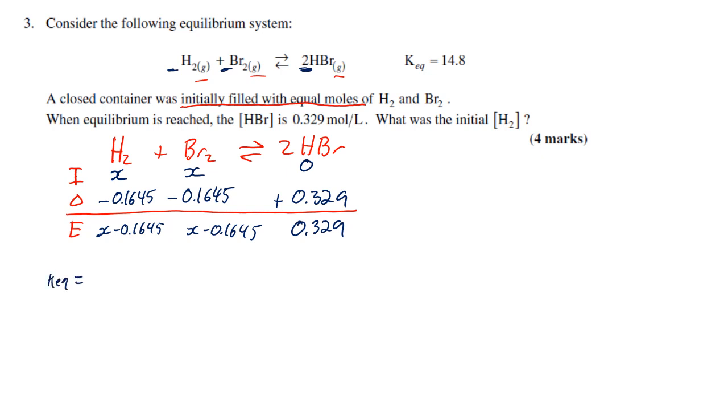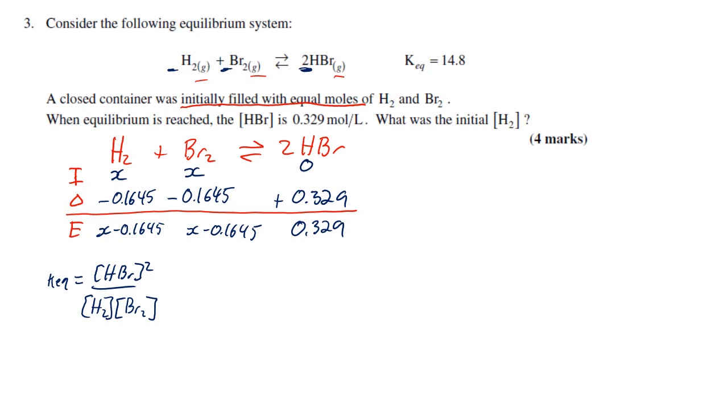KEQ equals HBr squared over H2 times Br2. No squares or anything else. I'm going to now plug in my values.